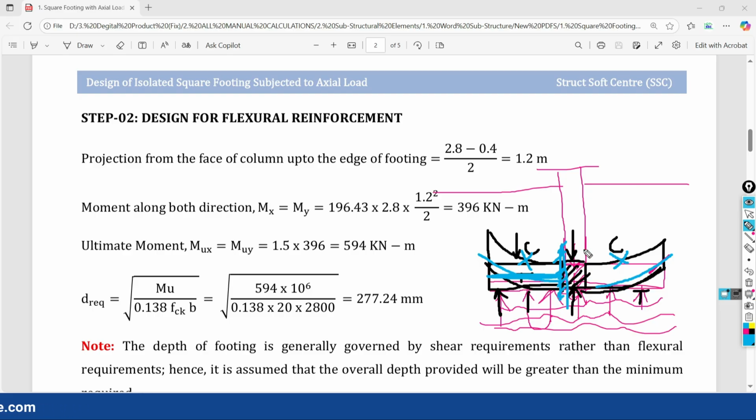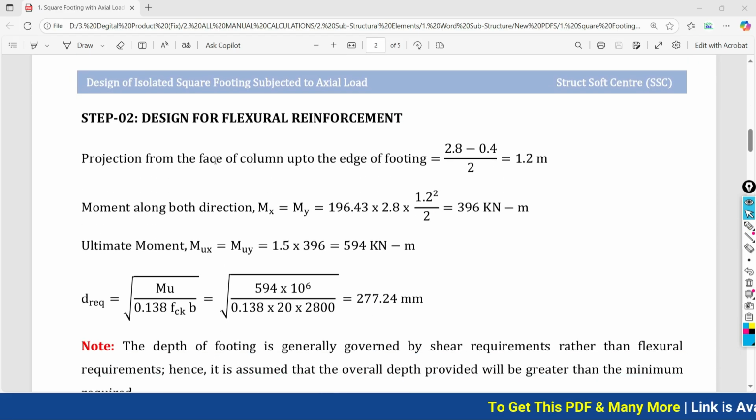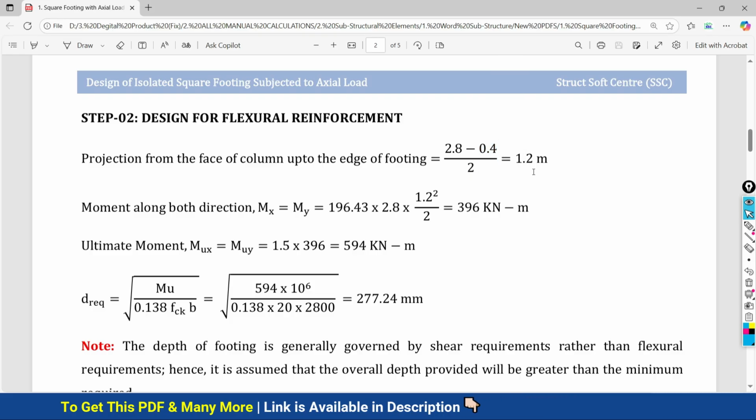That's why we need to find out this cantilever projection from the face of the column up to the edge of the footing. So total length minus size of the column divided by 2, we are getting the projection as 1.2 meter.